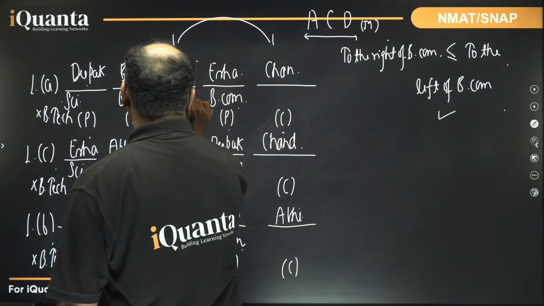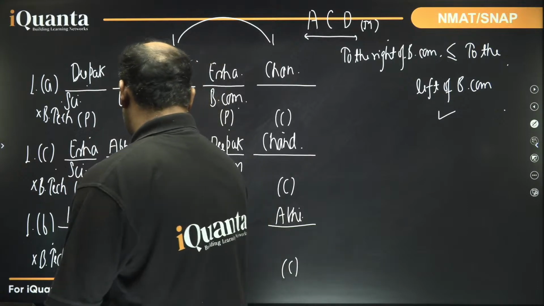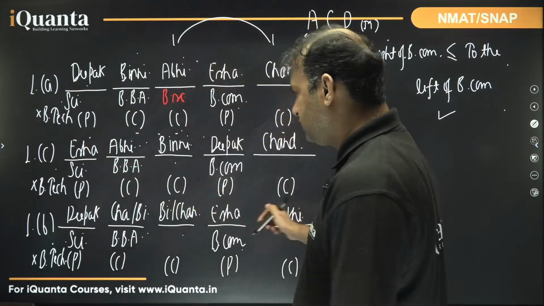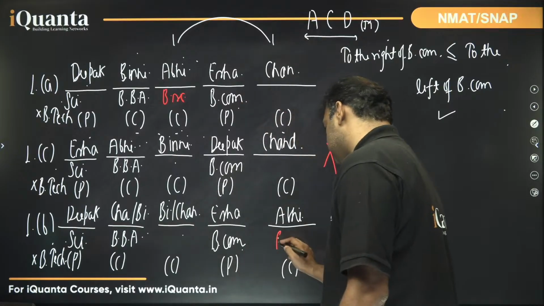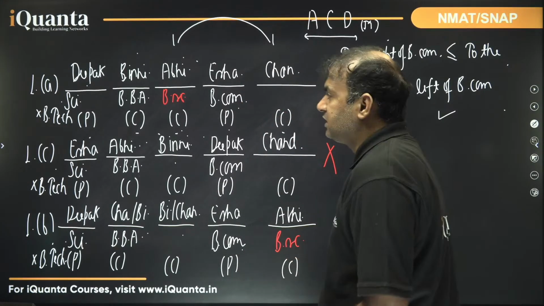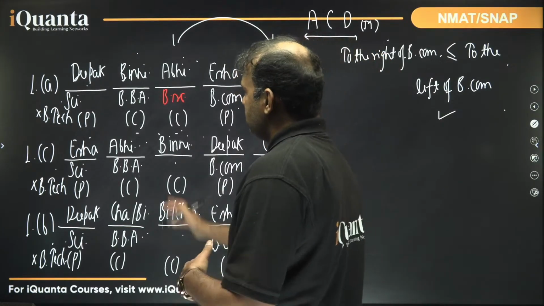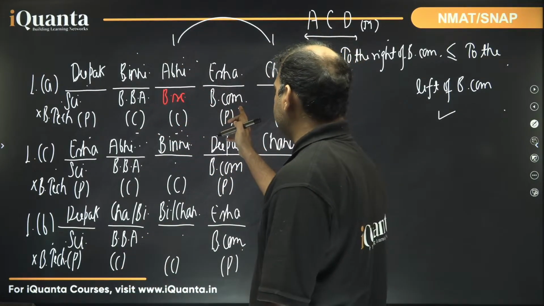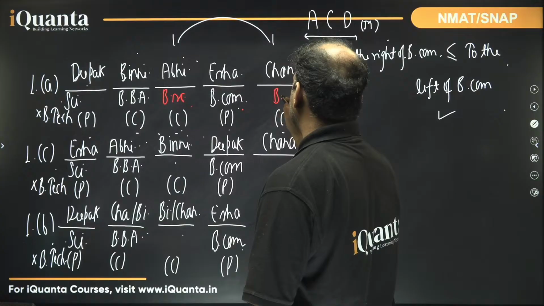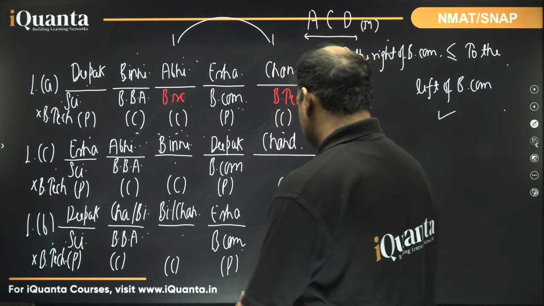Abhijit is BSc only for this question. This case is not valid, because in this case Abhijit is BBA. In this case Abhijit is BSc. They are talking about Chandan, right guys? So we know that BCom and BTech are adjacent, if you remember. So if BCom is here and BSc is here, this has to be BTech in this case. I think a similar thing will happen here.